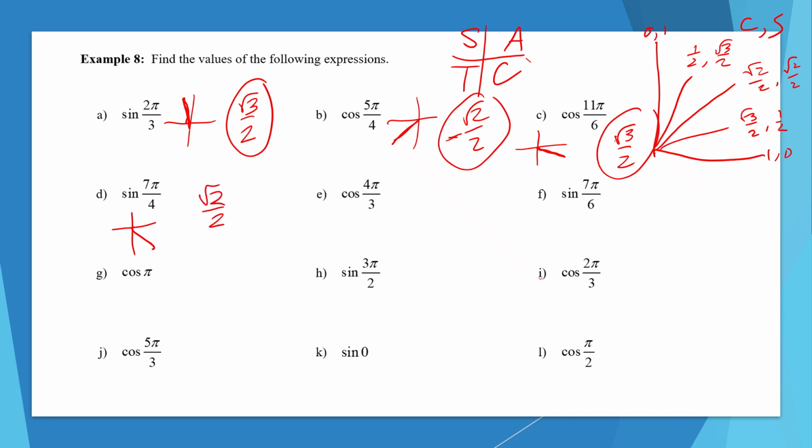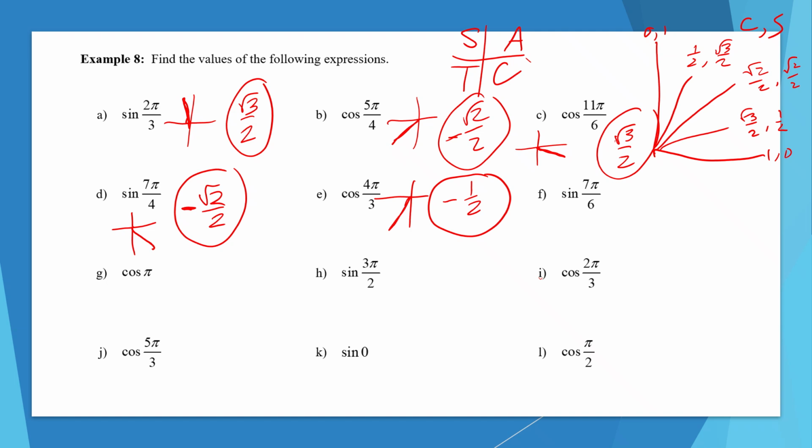And because it's a 45-degree reference angle, it's going to be root 2 over 2. 4 pi over 3, this is going to be 60-degree reference angle in the third quadrant, so it's got to be negative. And then the cosine value for a 60-degree reference angle is going to be 1/2. So this should just be negative 1/2 as our answer there.